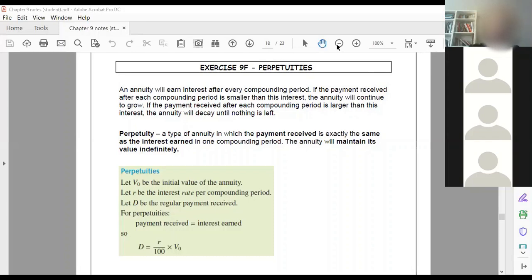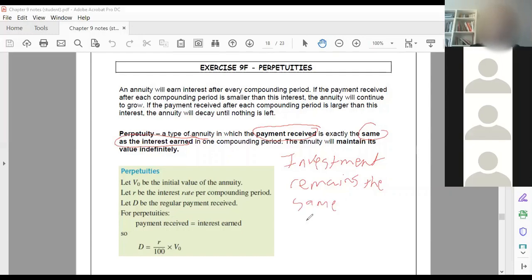Now, a perpetuity is like an annuity, but the payment that you get is exactly the same as the interest you earn. So that means what you're investing is going to stay the same. So your investment remains the same.